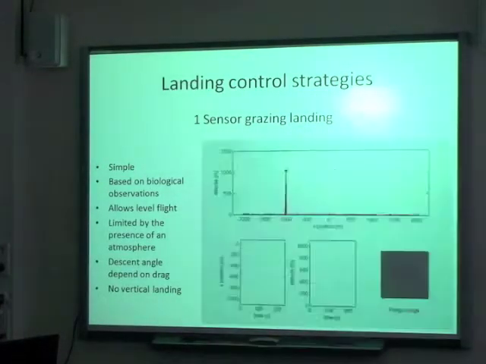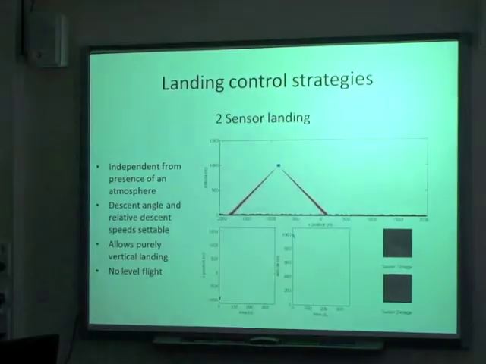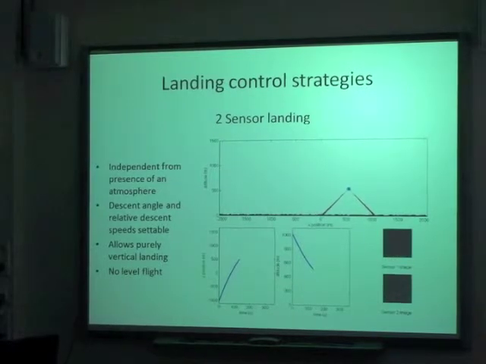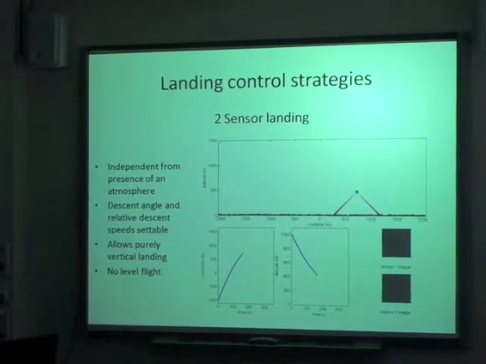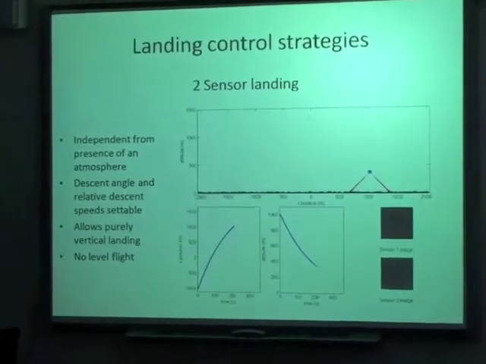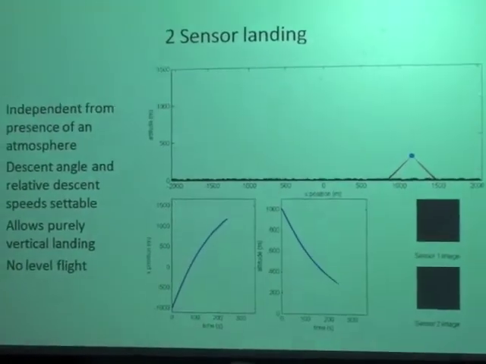So for this reason, we developed a second model, which instead uses two tilted linear sensors. And this way, we are able to perform the same trajectory as the one before, but even in absence of the atmosphere or in the presence of wind, for example, if you have an atmosphere.